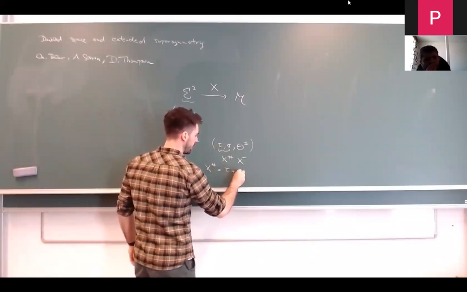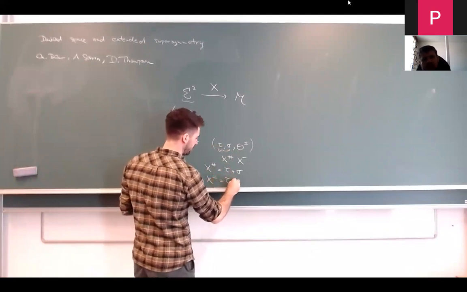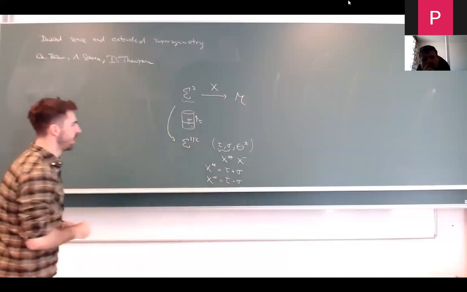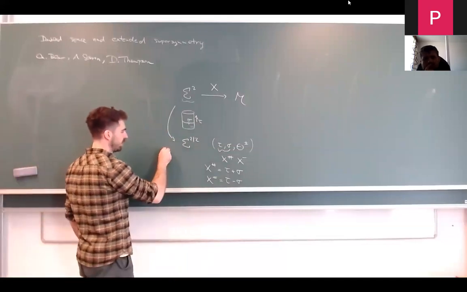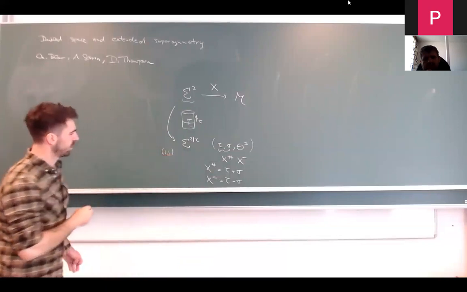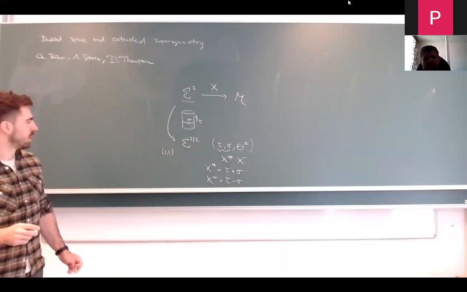Sometimes it will be useful to use these instead. Okay. So this would be 1,1 superspace or 1,1 RNS description of the sigma model.